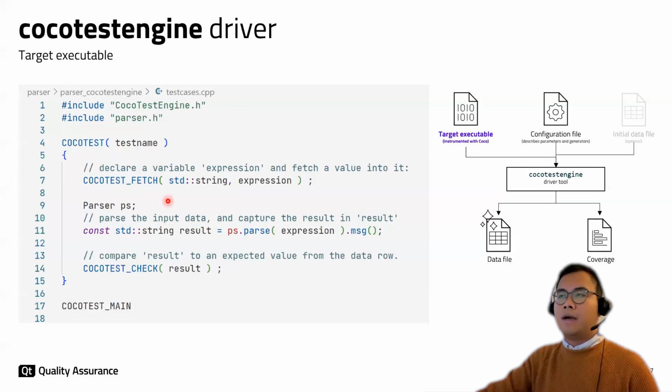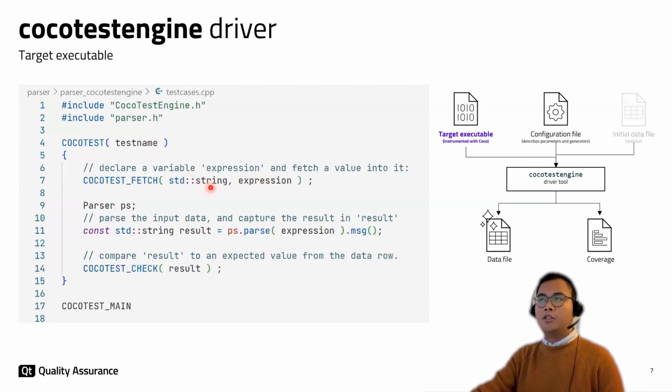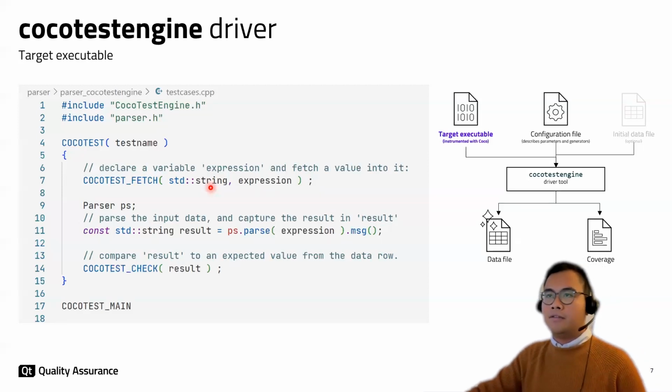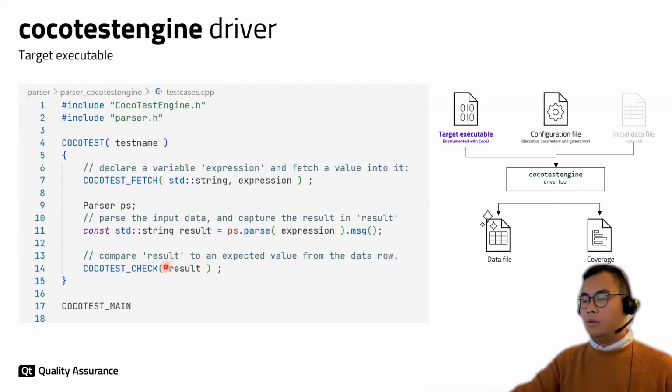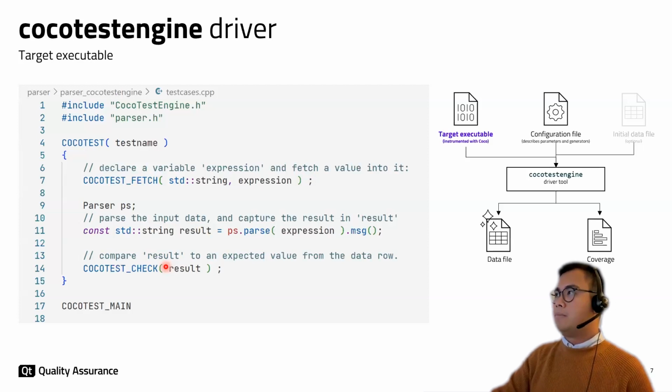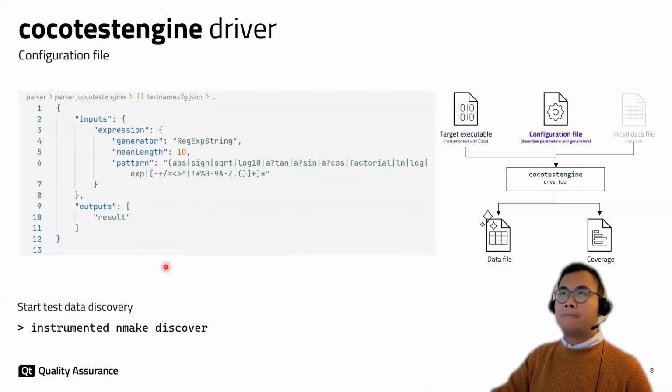It introduces some macros that are used to fill in this variable called expression with values from either the genetic algorithm or the test data file. After fetching all the necessary variables, those variables are used to execute the function to be tested, and the result of that execution is collected. We have some check macros that will verify the result or store the result in the table, whichever the case may be. So this is the target executable.